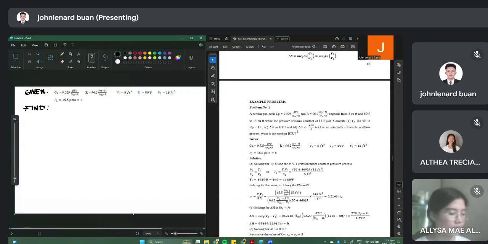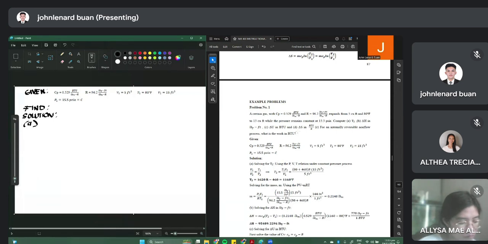So first one, solution. Always makikilagay po ko, solution for letter A. Sabi, solve for the final temperature.